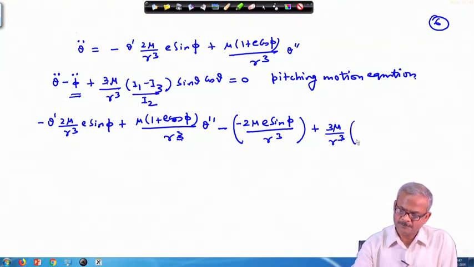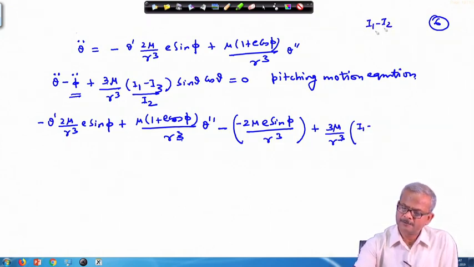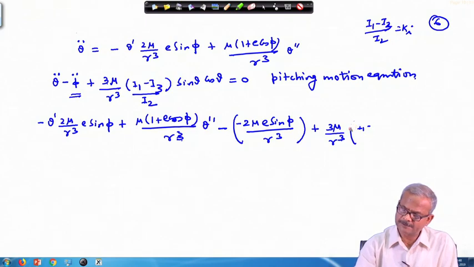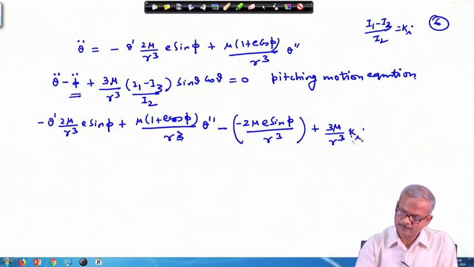So, I 1 minus I 3 divided by I 2, we have written this quantity as k I. So, I will replace this in terms of k I here itself. This is k I and then sin theta times cos theta.